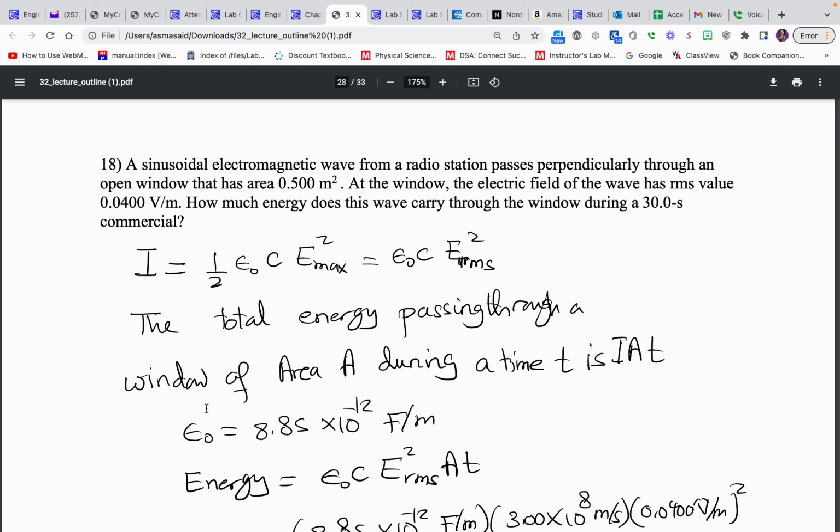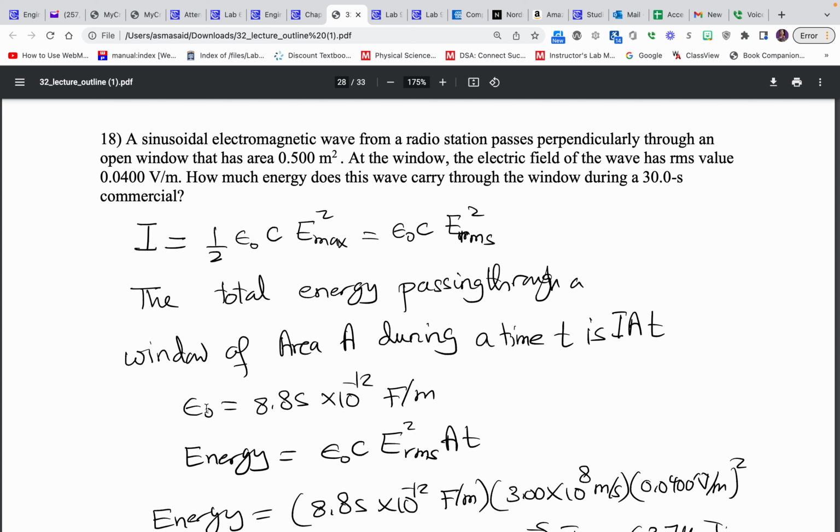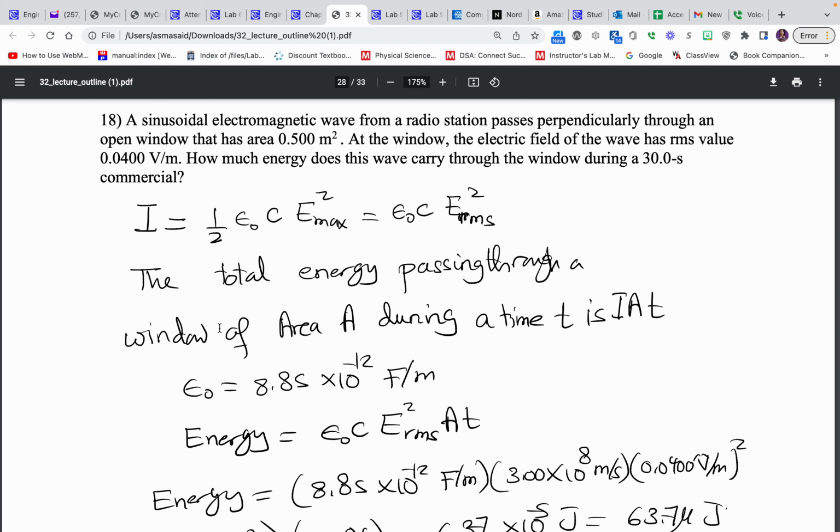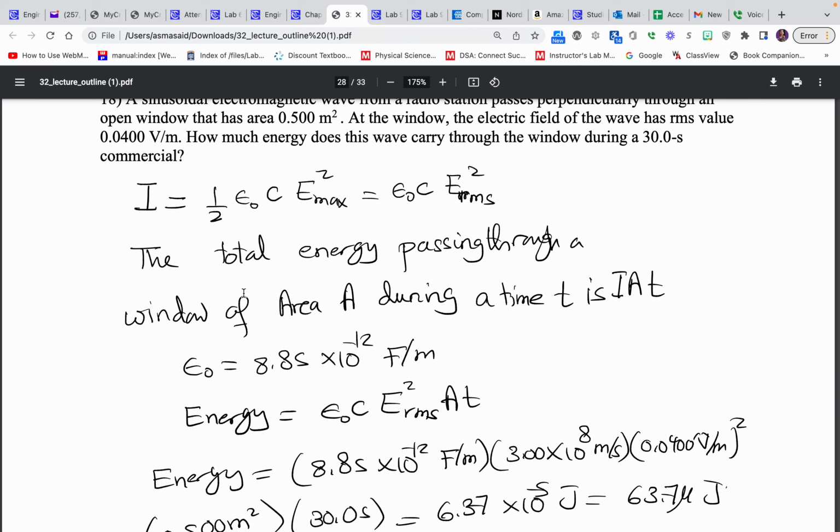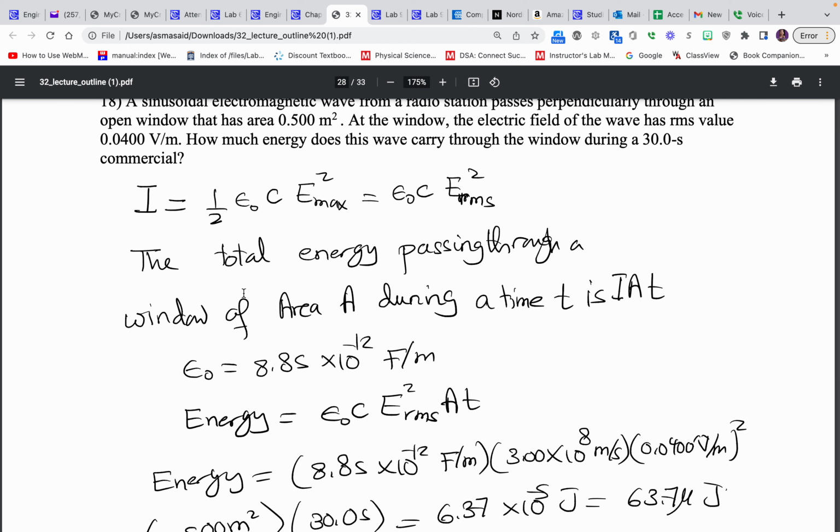Here I will say the intensity I, again, is 1/2 epsilon 0 c E maximum squared. If I want to find the total energy passing through the window, the energy is going to be power times time.